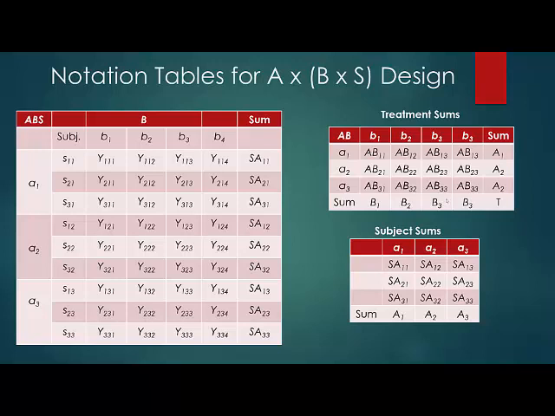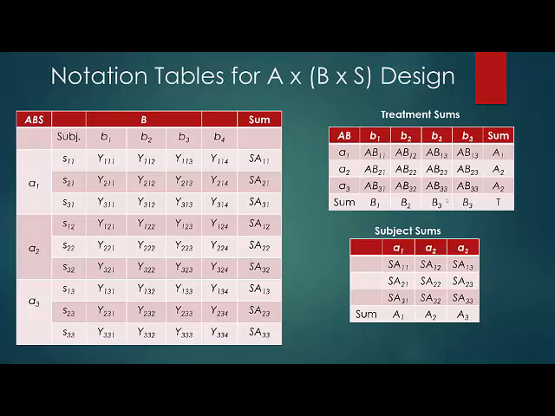And then we see the Y sub 111. These are just the scores. So for example, Y sub 111 in the upper left of the table to our left would be the first person in factor A level 1, an administrator's score within the first professional development.